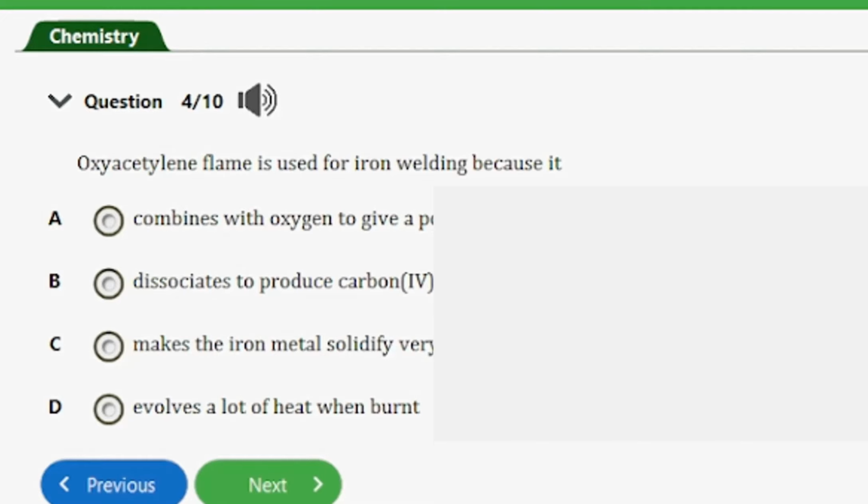Question number 4, it says, oxy-acetylene flame is used for iron welding because it A. combines with oxygen to form pop sound, B. dissociates to produce carbon dioxide and oxygen, C. makes the iron metal solidify very quickly, D. evolves a lot of heat when burnt. So guys, the answer to this question is option D. That evolves a lot of heat when burnt.